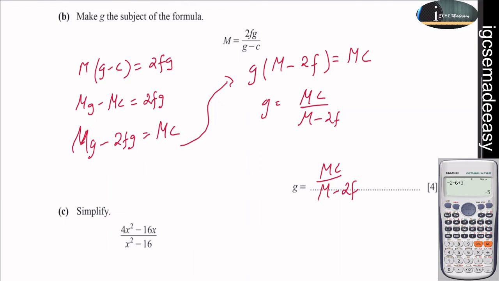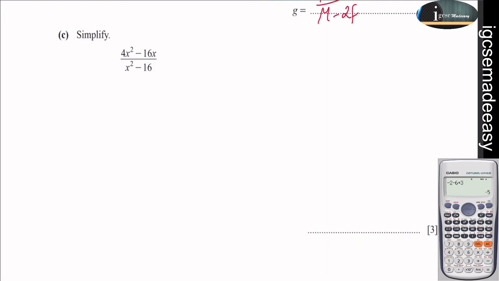Part C, simplify. So 4 we can take as common, 4x. So x minus 4 will be inside because 4 times 4 is 16. So here this can be split as x square minus 4 square, because 16 can be written as 4 square. Now we have the form x square minus 4 square, that is a square minus b square.